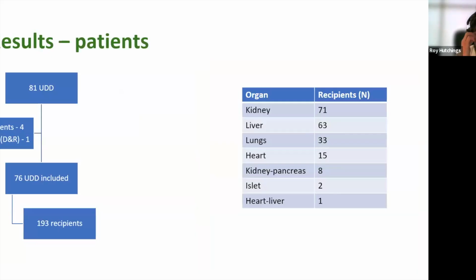So there were 81 unhoused deceased donors during our time period. Four were excluded because they did not have any recipients, and one was excluded because the donor at the time of the study did not have testing completed, nor any of the recipients.